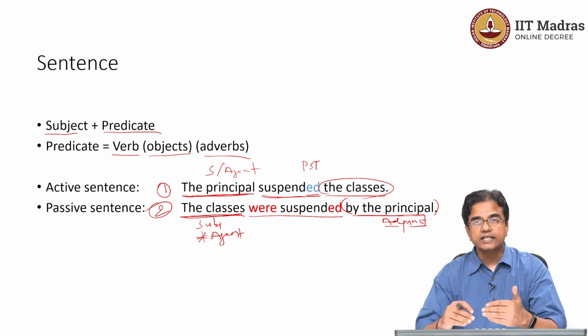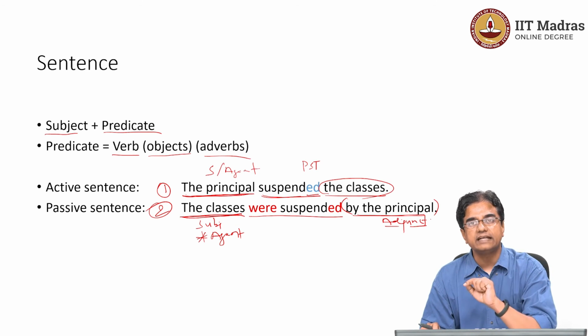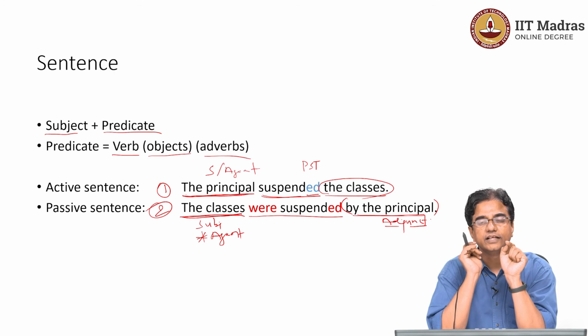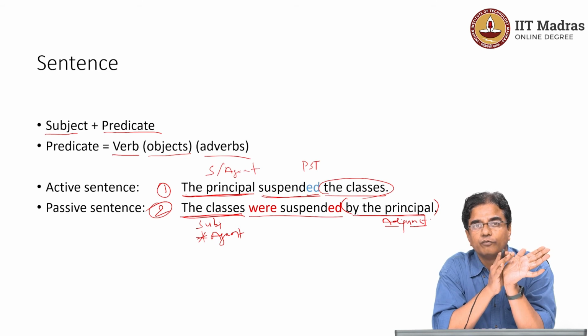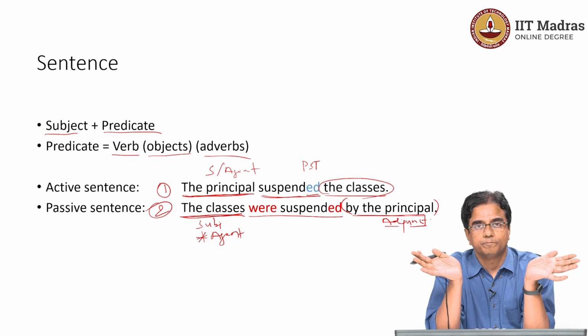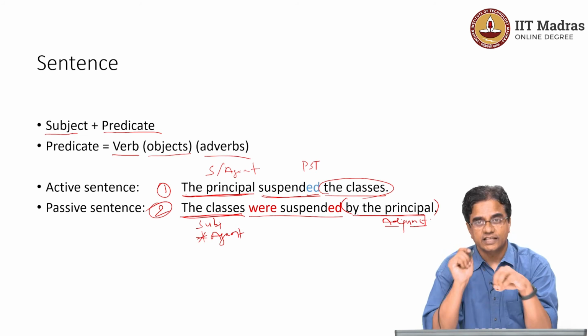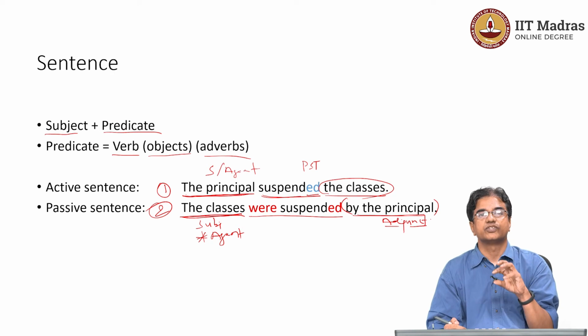The correspondence between these two sentences is semantic in nature, functional in nature. Semantic meaning the doer is not important for a passive construction. What is brought into focus is something else, and that gets into the subject position.